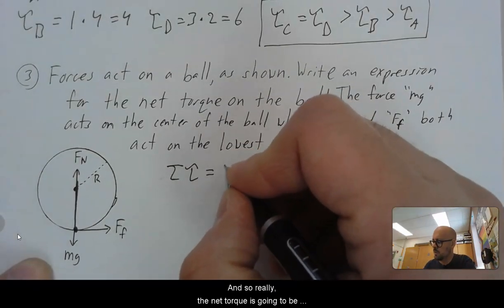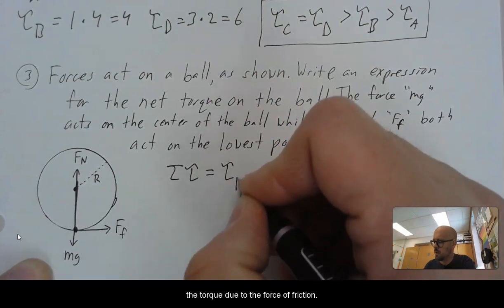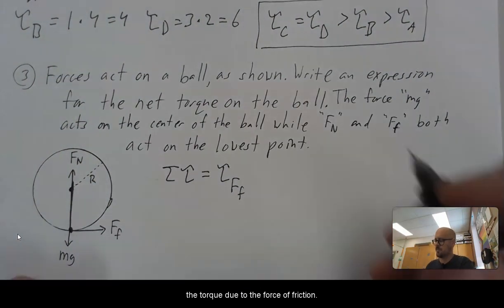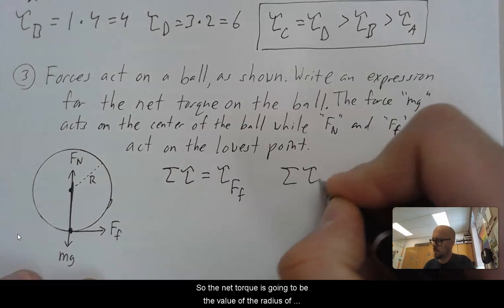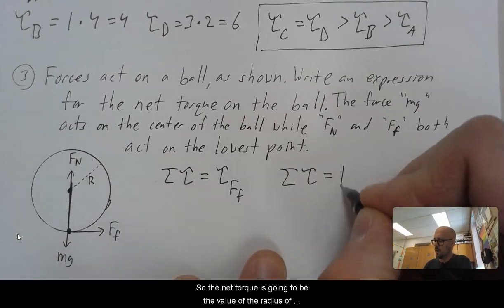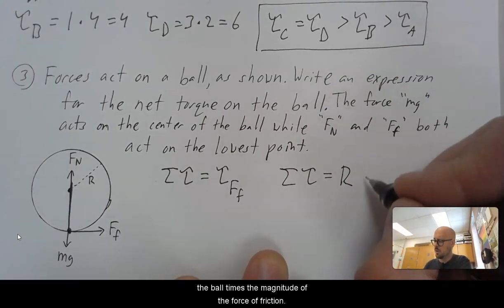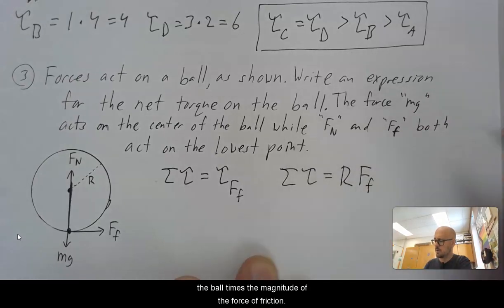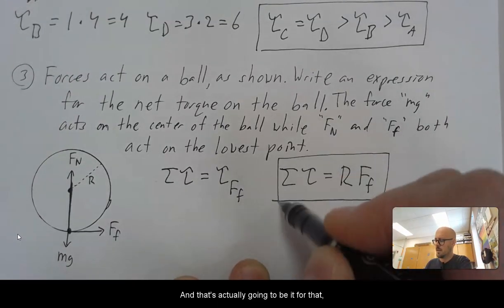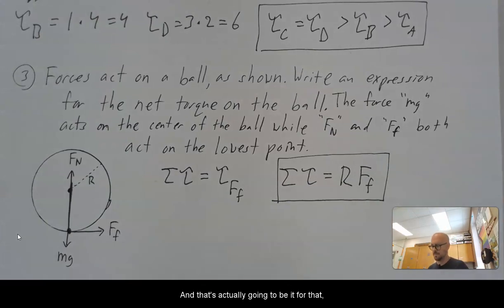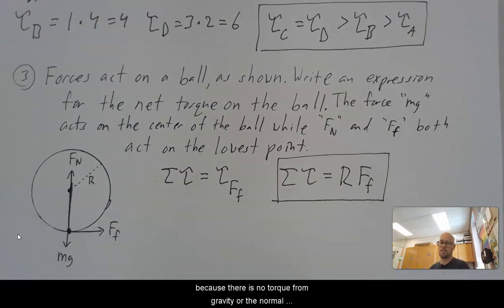And so really the net torque is going to be the torque due to the force of friction. So the net torque is going to be the value of the radius of the ball times the magnitude of the force of friction. And that's actually going to be it for that, because there's no torque from gravity or the normal force in that situation. And that's it.